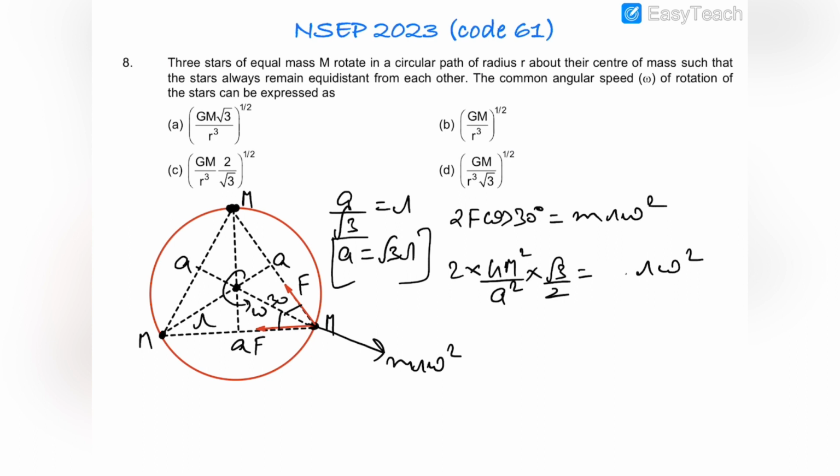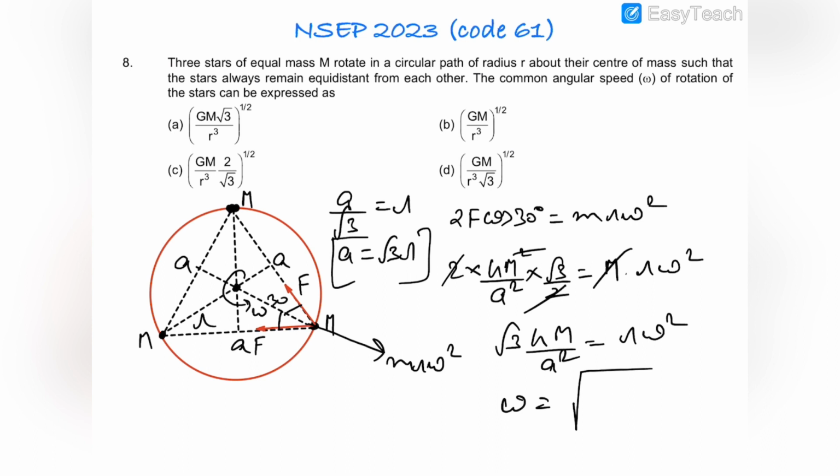Now cancelling the 2 with 2 and m with m, this is root 3 G m by a square is equal to r omega square, and omega is equal to under root of root 3 G m by a square into r.